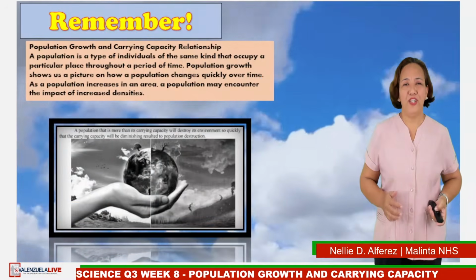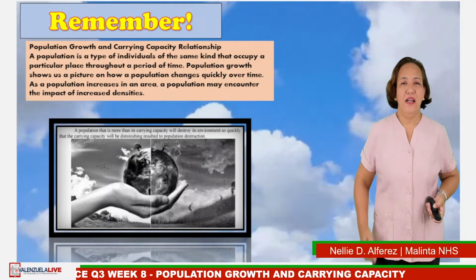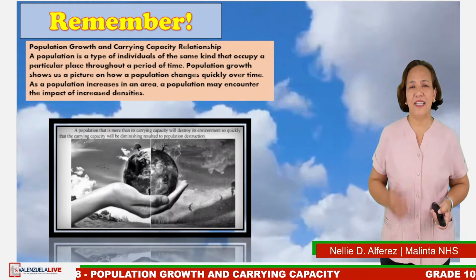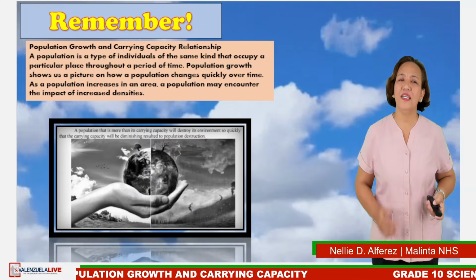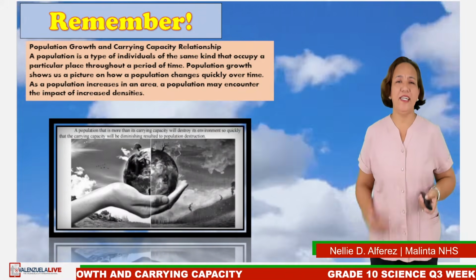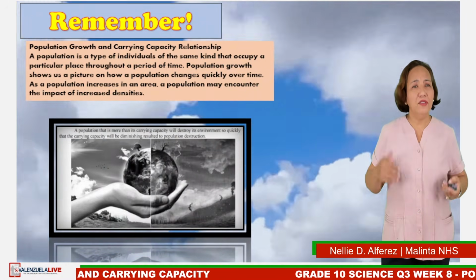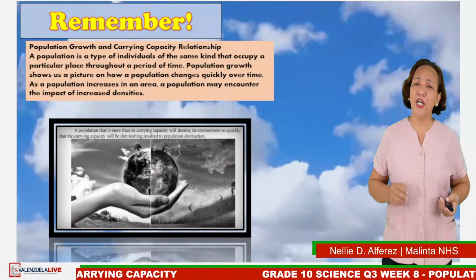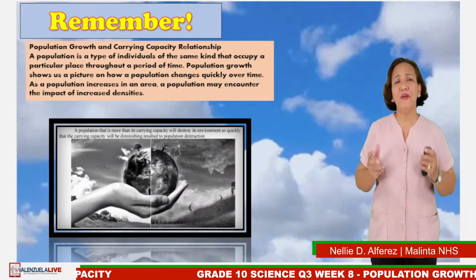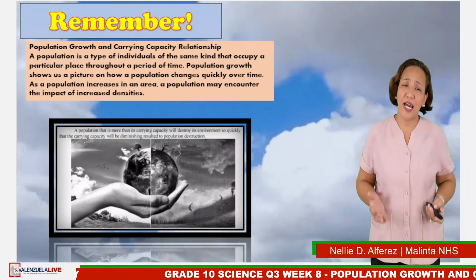In population growth and carrying capacity, remember, a population is a group of individuals of the same kind that can occupy a particular place throughout a period. Population growth shows us the picture of how the population changes over time.